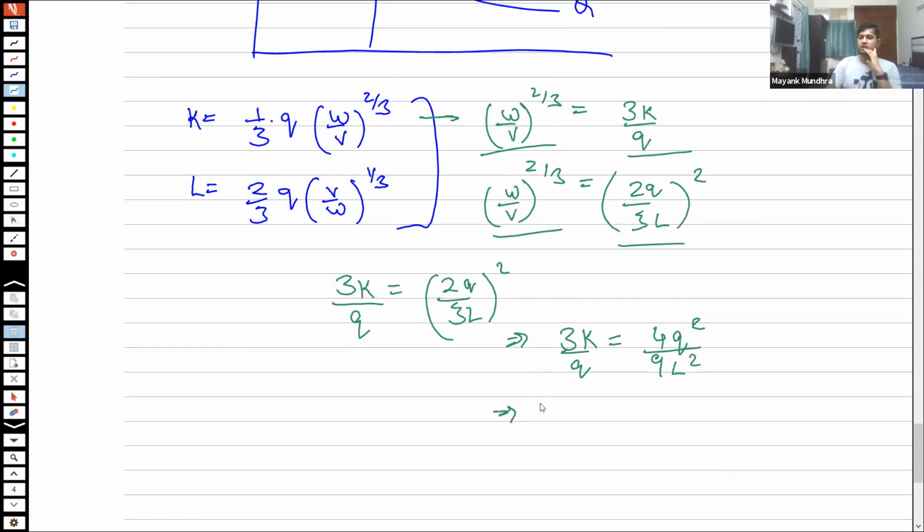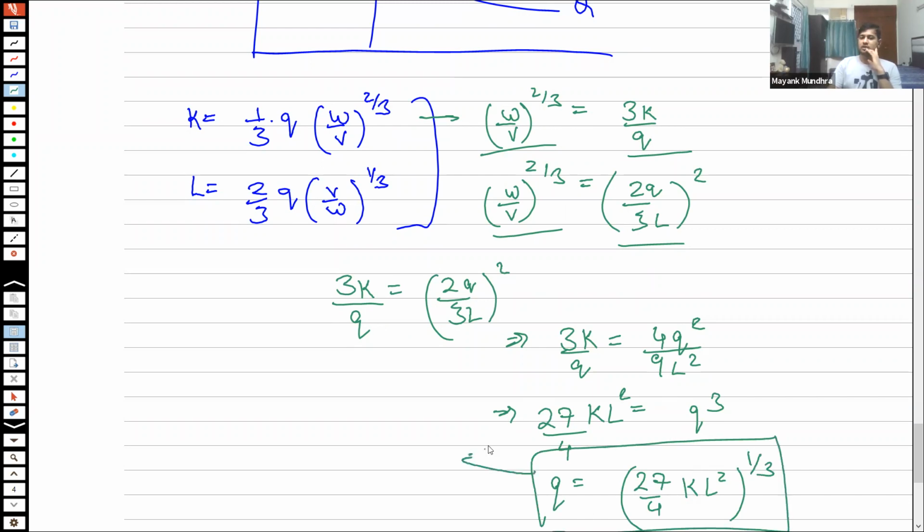So what you get is 27KL square equals 4Q cubed. So Q becomes equal to 27 by 4 times KL square whole to the power 1 by 3.